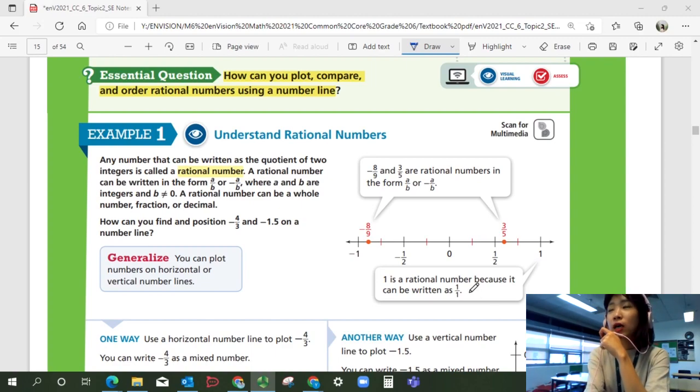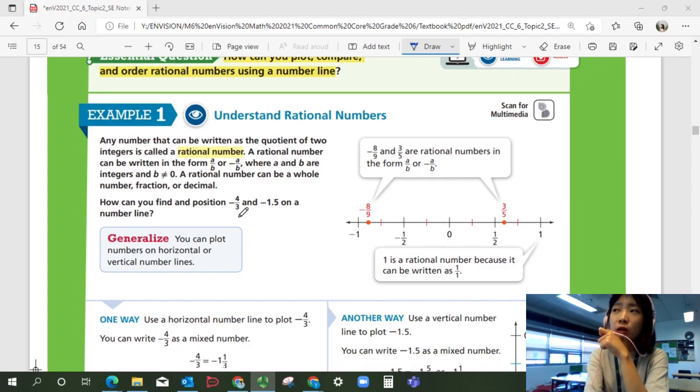Just like 1, any whole number could be written as a fraction with a denominator of 1. So 2 is also a rational number because 2 divided by 1 is 2, right? So 2 over 1 is 2. It could be written as a rational fraction. So yeah, all whole numbers are rational numbers.